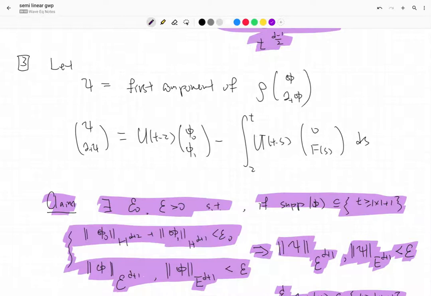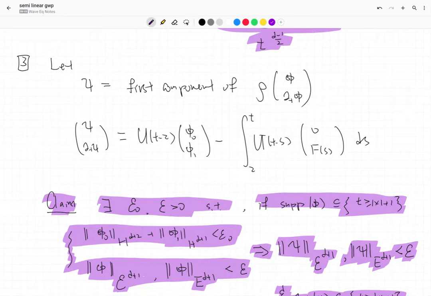So now let's move on to the next step of our proof for well-posedness. Let small psi be the first component of rho acting on phi, dt phi. Remember, phi is this putative solution that we're going to plug in. So basically I'm splitting capital phi into its components.